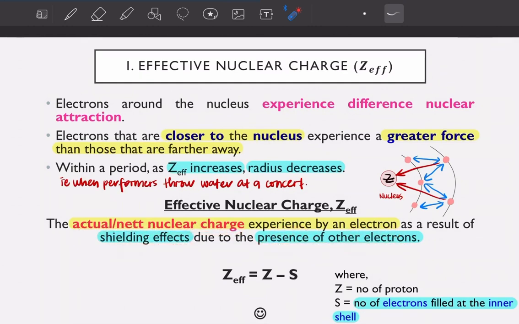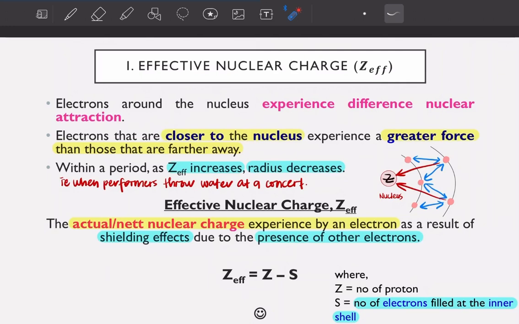Okay, so analogy dia macam ni. Imagine you are at a concert, right? So dekat stage tu, you have your performer. So during a concert, contoh tengah excited, tengah happy, awak punya performer tu dia baling air. Dia baling air dekat audience.